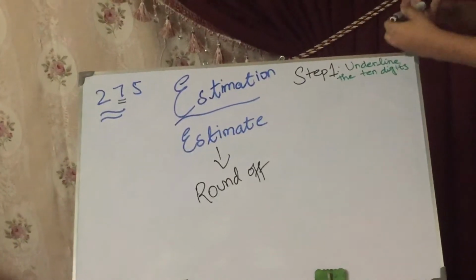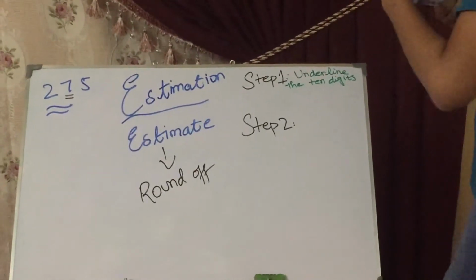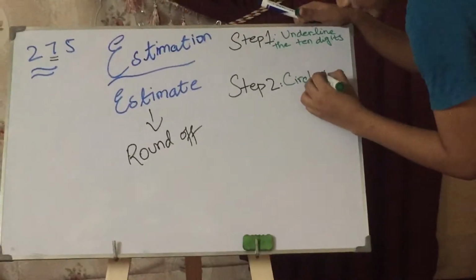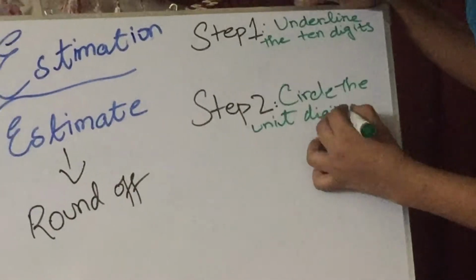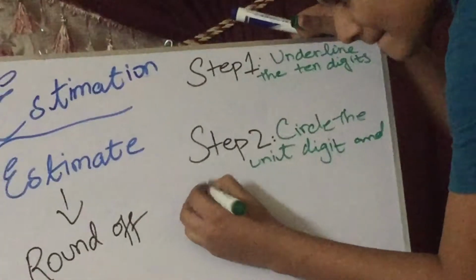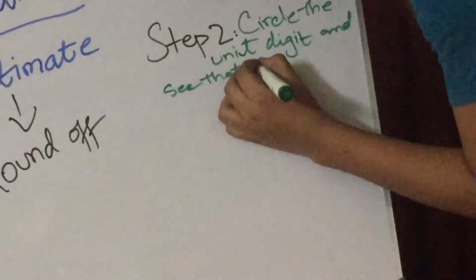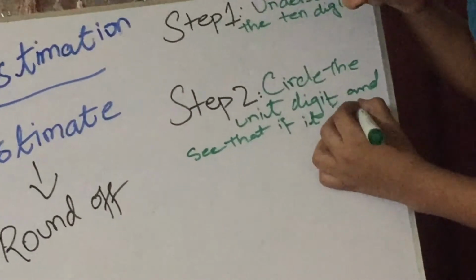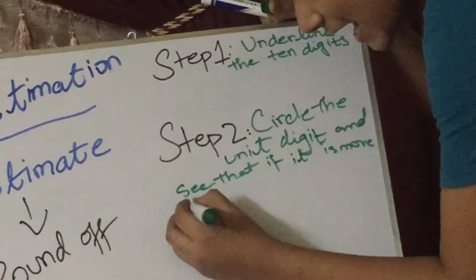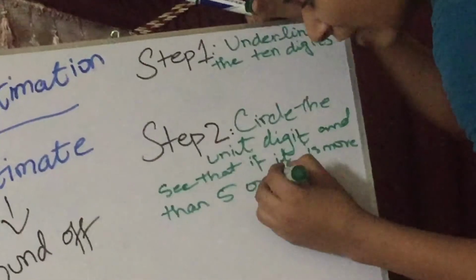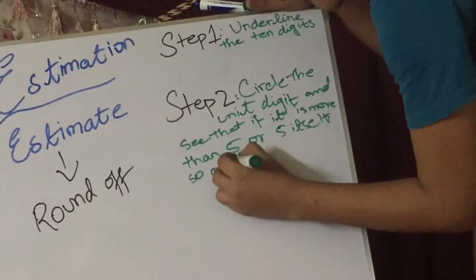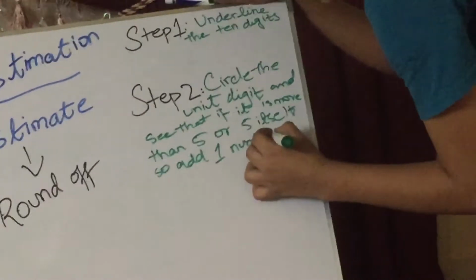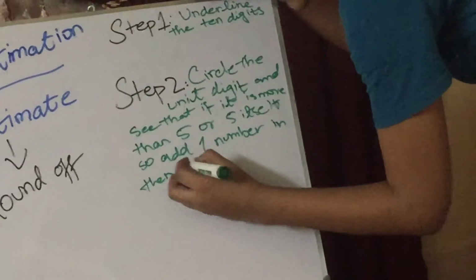And then it says: circle the unit digit and see if it is more than 5 or 5 itself, so add one number in the tens digit.